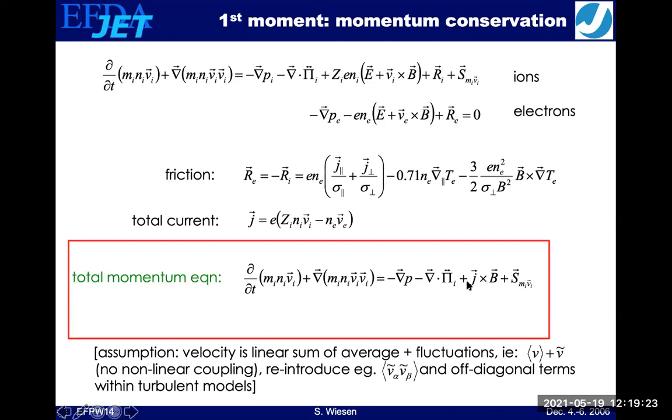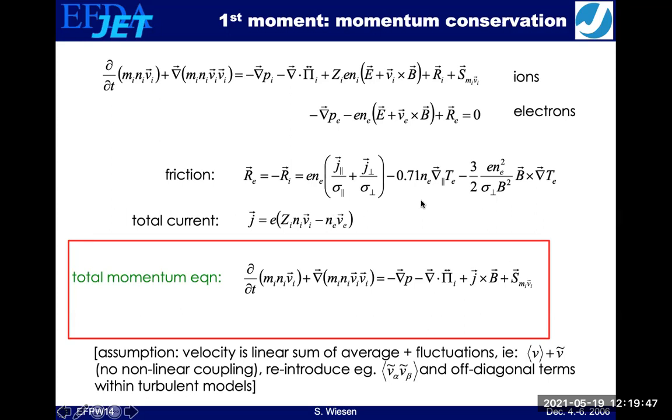And then you have the J cross B. J is the plasma current, B is the magnetic field, and then sources and sinks of momentum. Why this? Because this can cause redistribution of momentum into a current and a field function. So the total current is defined here.